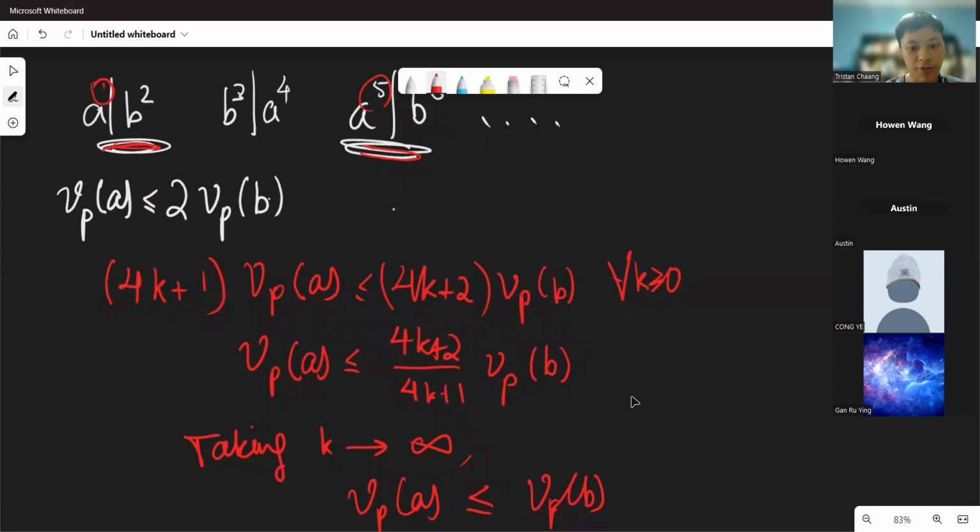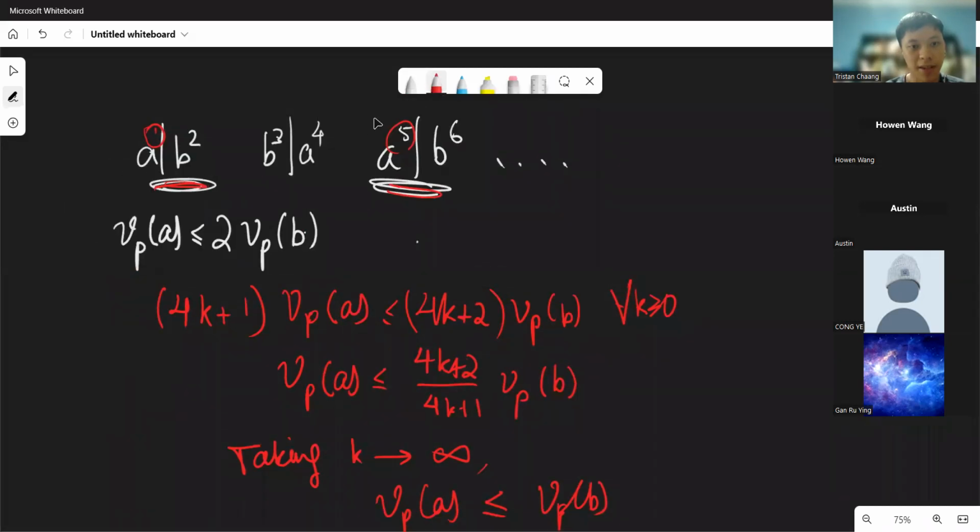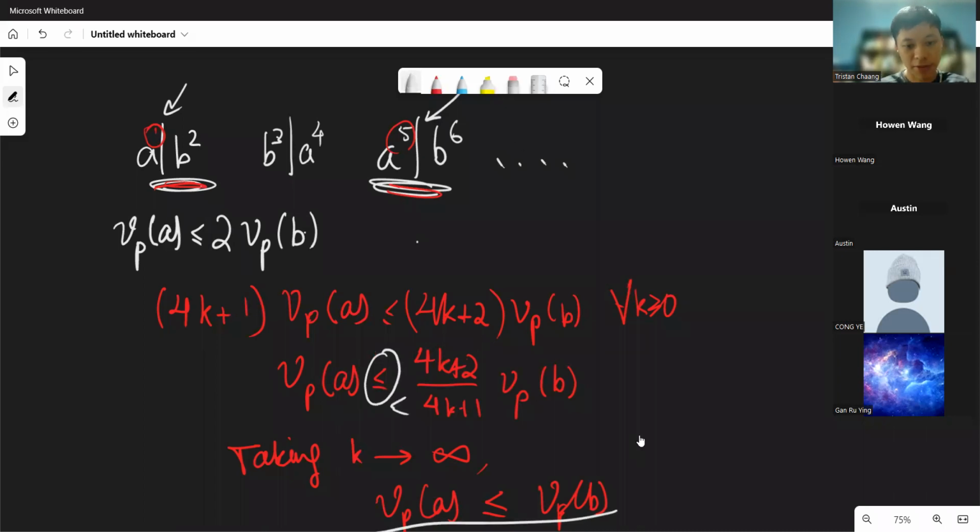In fact, this is true even if we say they are strict. Even if these divisibility relations are strict, that means a to the 5 properly divides b to the 6. That means a to the 5 is not equal to b to the 6. That means this will become a strict inequality, right? This will still be true. I mean, you have to talk about open sets and closed sets, topology kind of things.